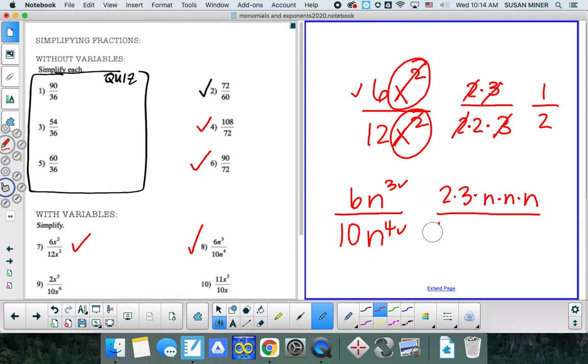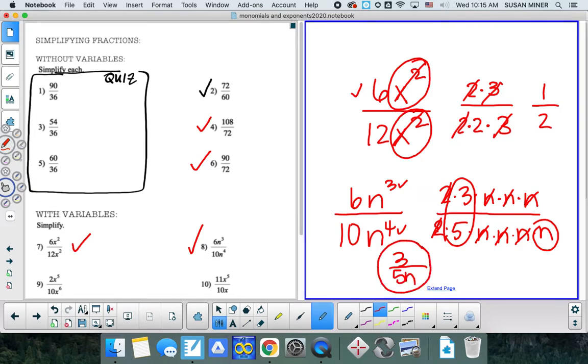This would be 2 times 5 times n times n times n times n. And so I can start to reduce this way. And I can see what I have left over. 3/5 with an n on the bottom. There's my most reduced fraction. So anytime I have letters or variables, I can simplify by just breaking those apart.